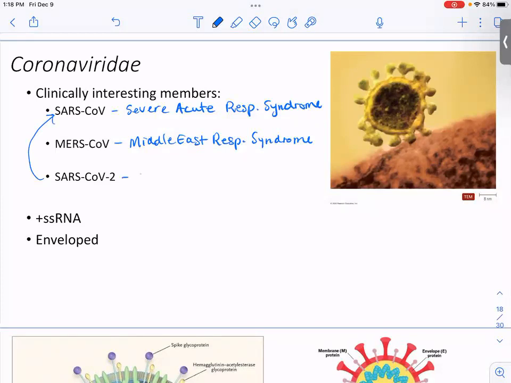And of course, that virus caused the infection known as COVID-19. All right. It's a positive sense single-stranded RNA. So again, try to keep that straight, positive, negative, whatever. And it's like our other viruses that we've talked about, it's enveloped.